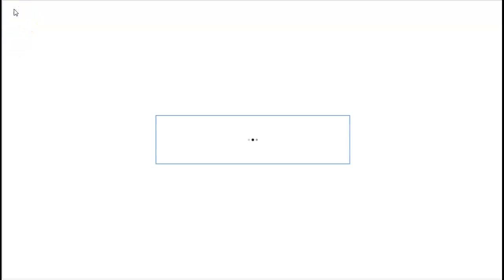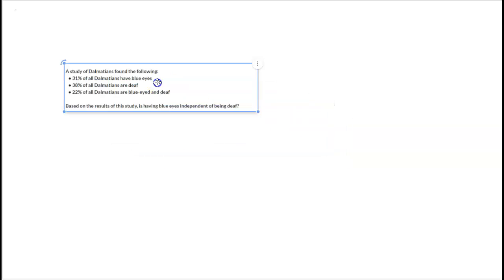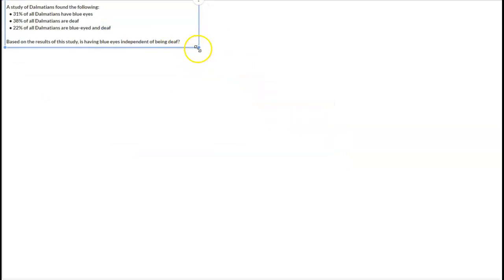The other kind, I'm just going to mention it briefly. I wanted to go through one whole example, but the other kind of problem would be something like a very similar prompt. Maybe it's not Dalmatians and it's not blue eyes and it's not deaf.